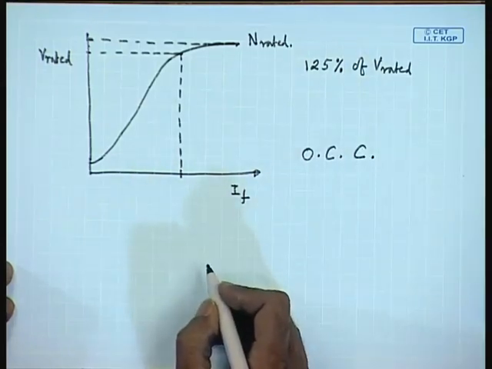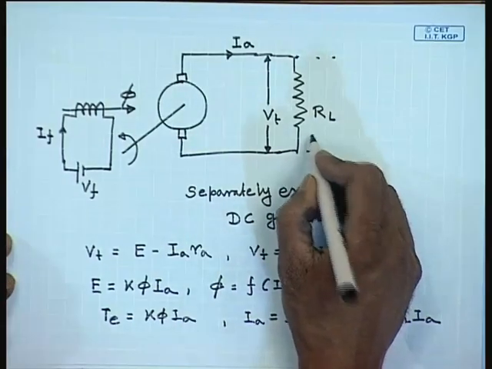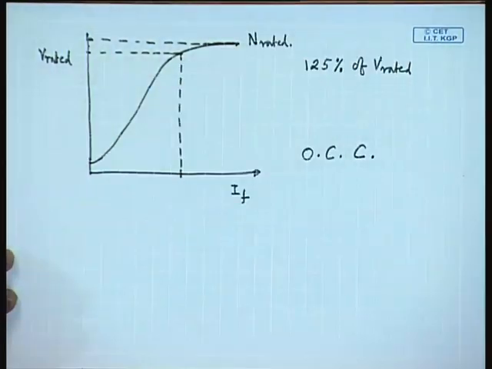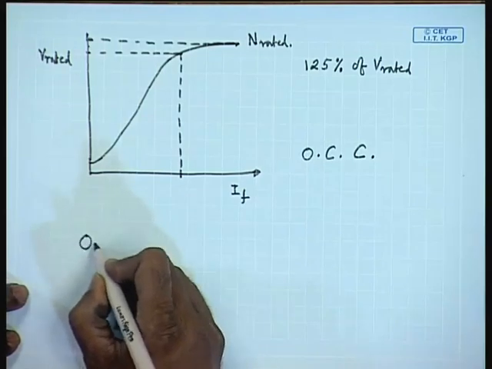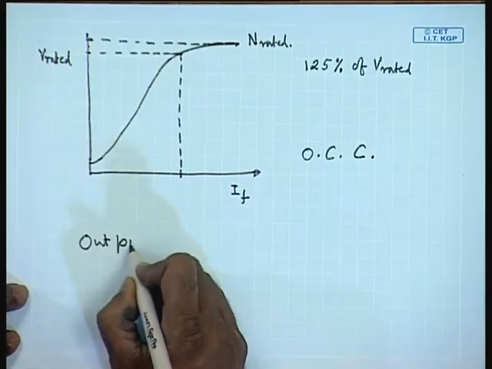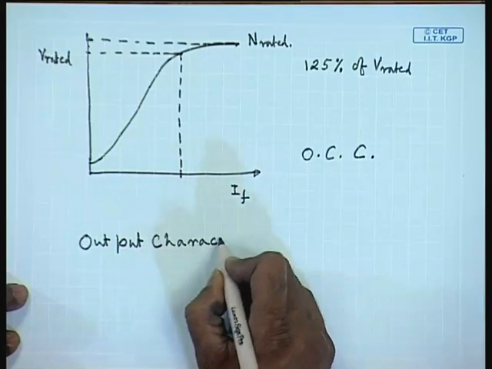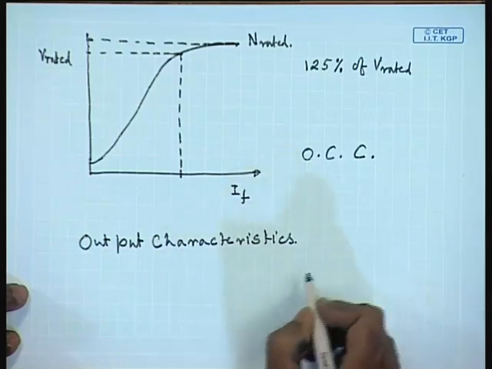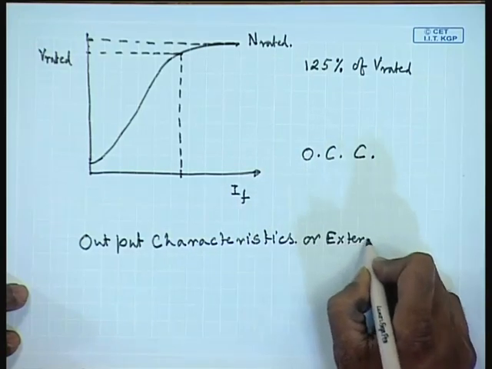For a DC generator supplying a load as shown here, it will be more important to find out its external characteristics or the output characteristics.